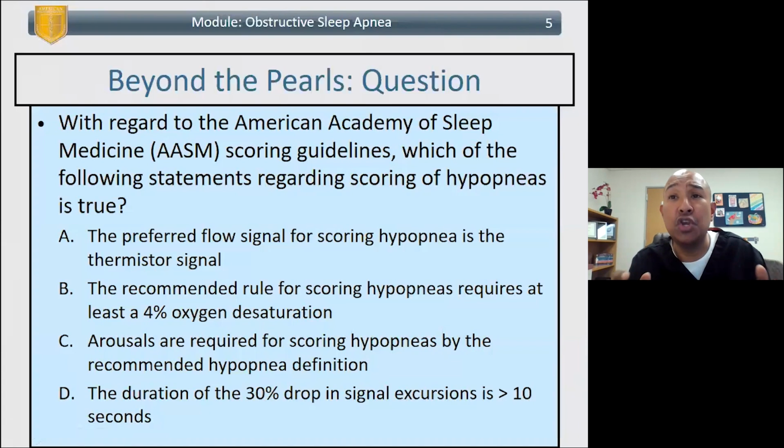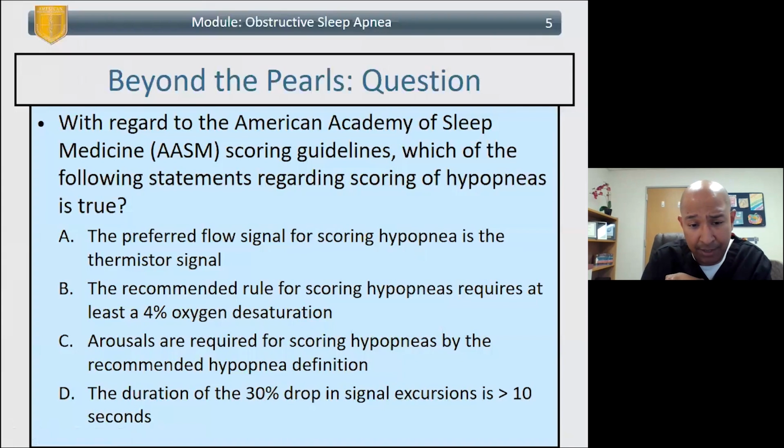And the answer is no. It's not a must. It's an either or, whether we're talking about someone who's having these desaturations and a 30% decrease in flow, or you could use these arousals. So it's not required.